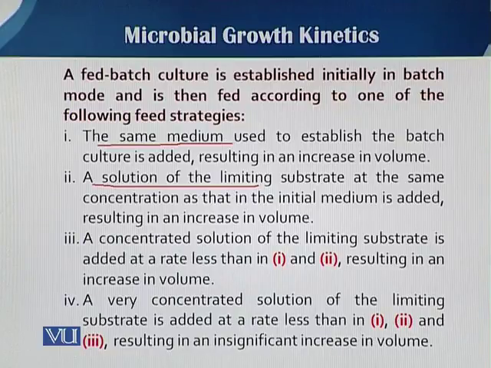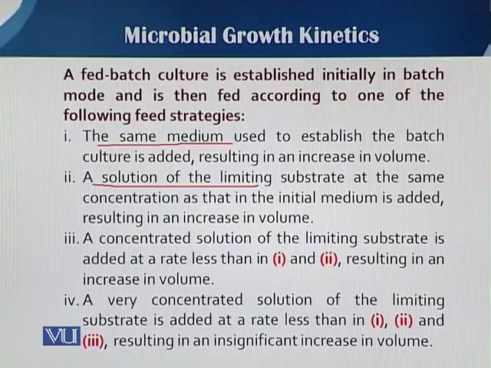So in the second strategy, we use only the limiting substrate, at the same concentration as mentioned in the initial medium. In the first strategy, all the ingredients; in the second, only the limiting substrate with the same concentration.